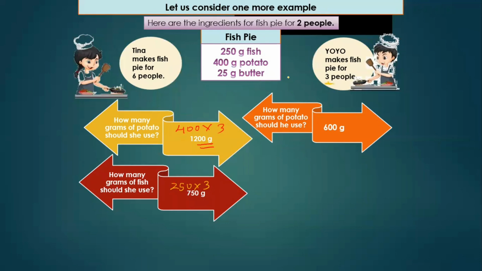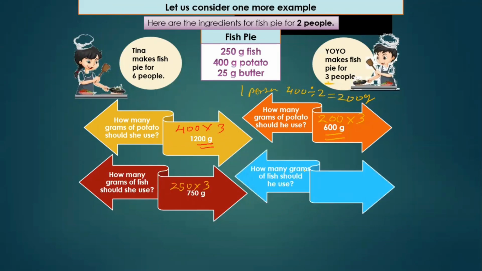We need to find for 1 person. For 2 people it is 400 grams, so for 1 person it is 400 divided by 2, which is 200 grams. And for 3 people, it will be 200 multiplied by 3, which is 600 grams. So this is the unitary method, finding for 1 and then finding for more.